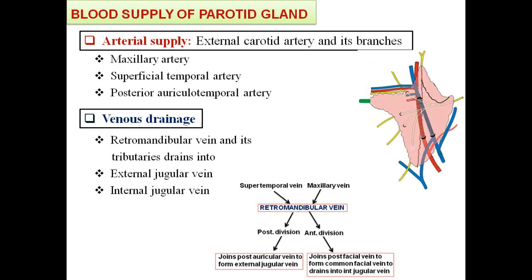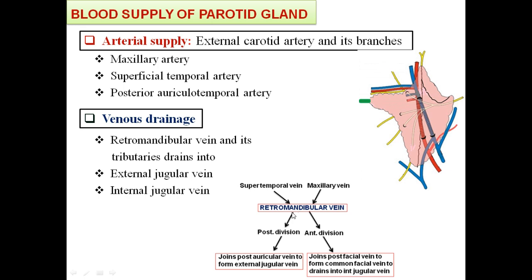Blood supply of the parotid gland. It is supplied by the external carotid artery and its branches. Venous drainage: the retromandibular vein is formed by the superficial temporal and maxillary veins.